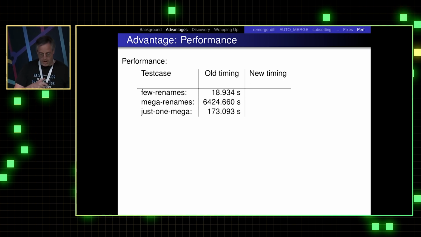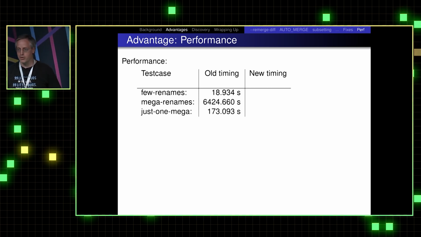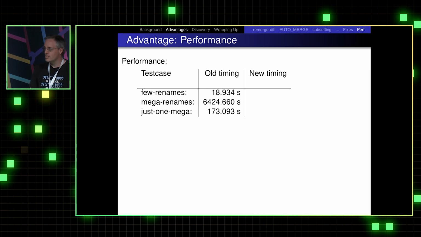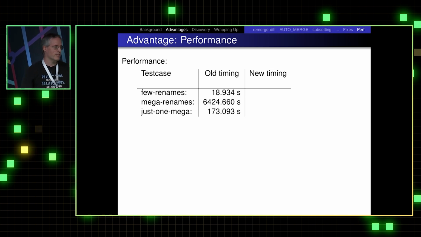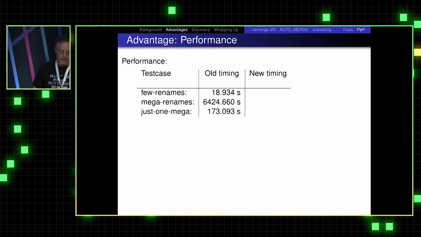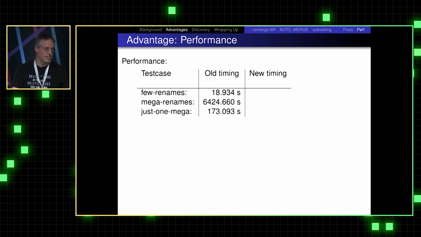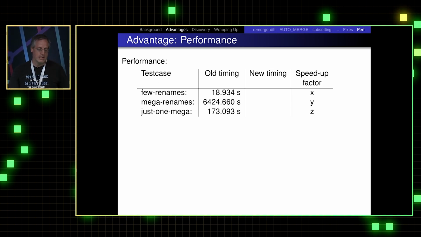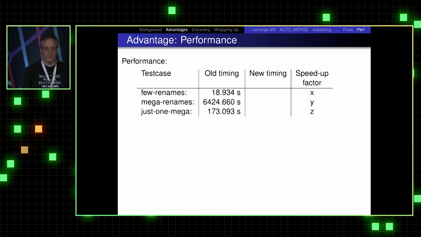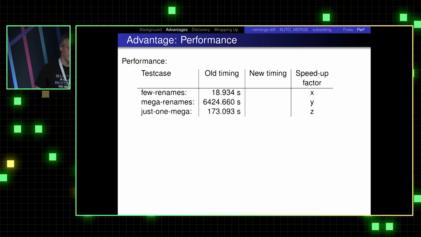Perhaps the thing it's most well known for, though, is performance. I spent a lot of time trying to make sure that this new merge backend really succeeded well on performance. I picked a few test cases that were of interest to me, and I'm going to skip, not provide the new timings just yet. As I get to later slides, I'll show those. But for any given test case, we take the old timing, divide by the new timing, I get some kind of speed up factor.